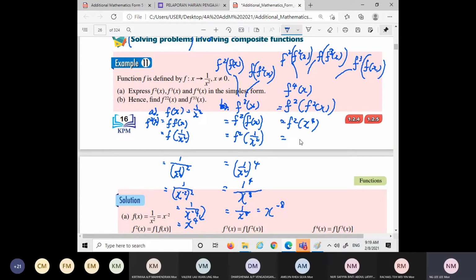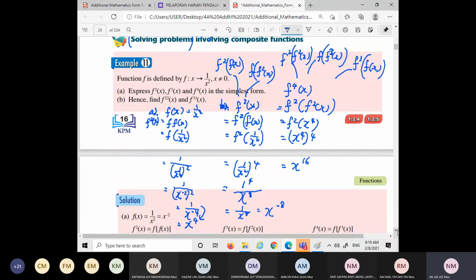So now my object is x to power 4. So object and then to the power of 4. Okay, so 4 times 4, 16. So I have finished with the part A. Okay, f squared x, f to power 3x, f to power 4x.